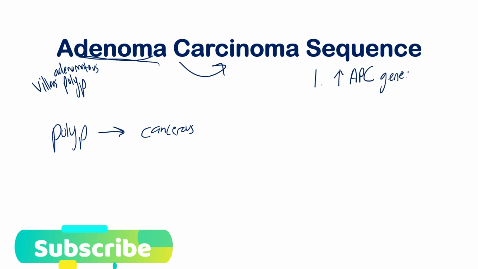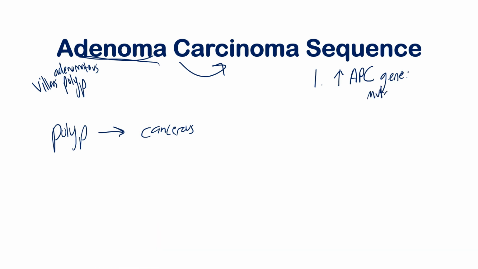This gene is important because whenever somebody has an APC gene mutation, or alteration, however you want to say it, the APC gene would be messed up in a certain area of the mucosa of the colon. Then when you have that, you increase the risk, sometime in your life, for the formation of an adenoma from that polyp.